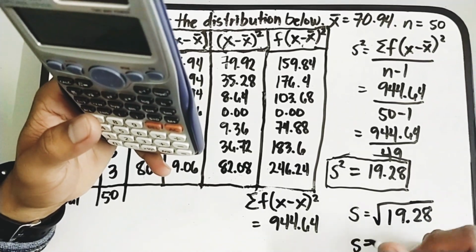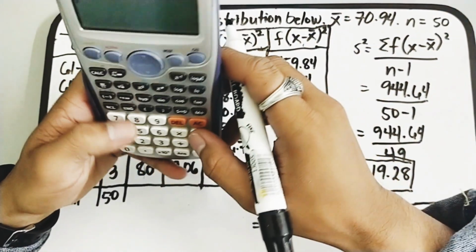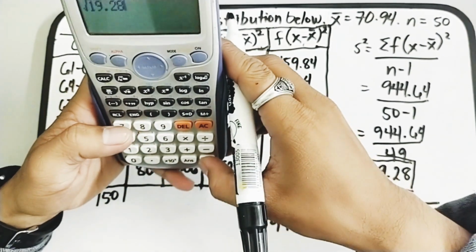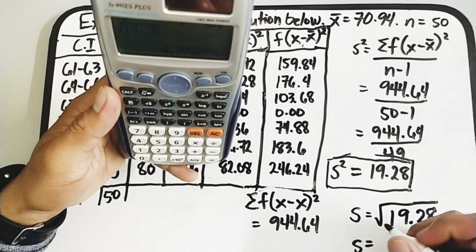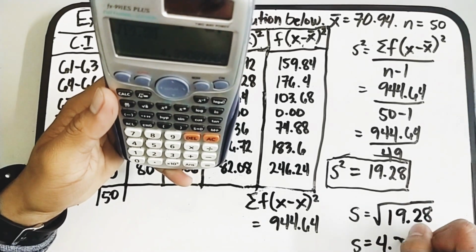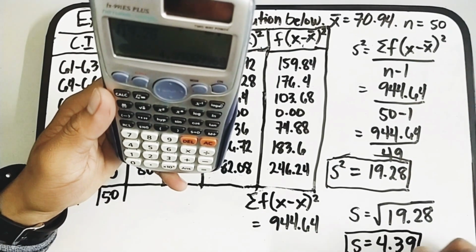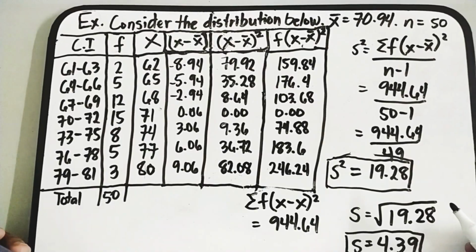That's why our standard deviation is equals to square root of 19.28. Dito ay 4.39. So, ito yung pagkuha sa ating standard deviation tsaka variance. Ito yung variance, ito yung standard deviation.